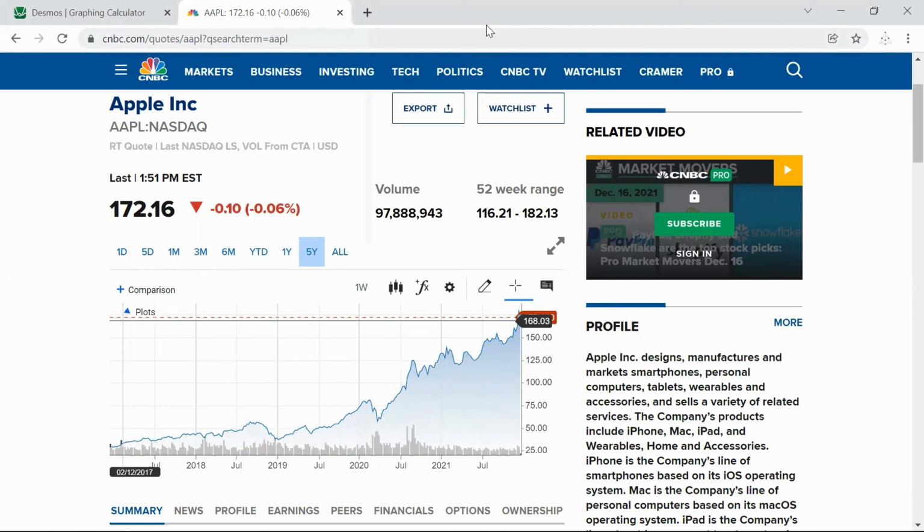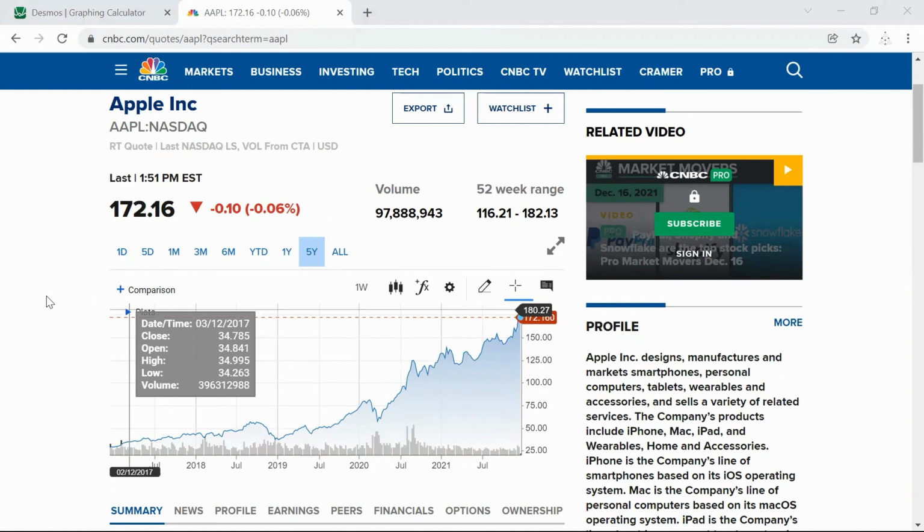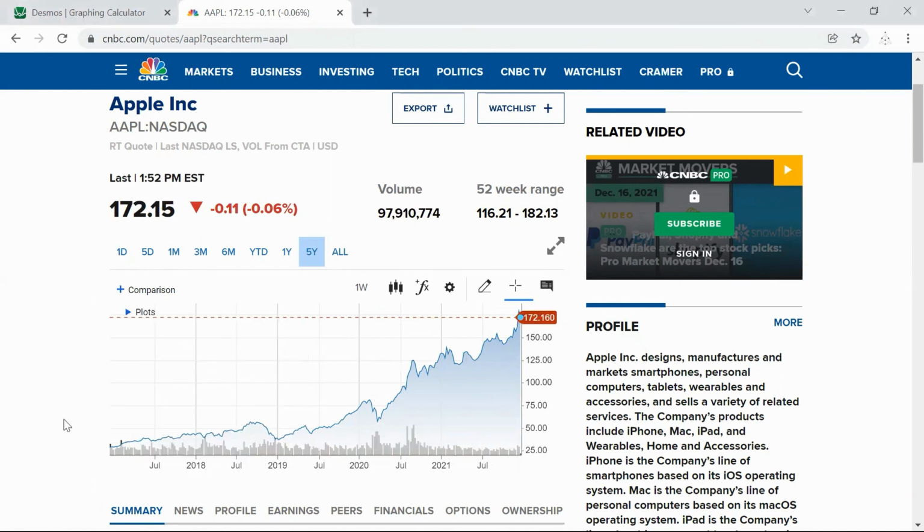Like I said, this is not stock or investment advice, but it is something that people use, these first and second derivative tests, to try to see, well, should I buy Apple right now? Should I not buy Apple right now in the near future? All right, so that concludes this section.